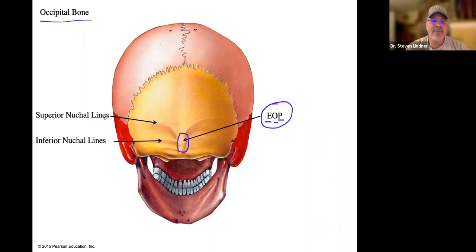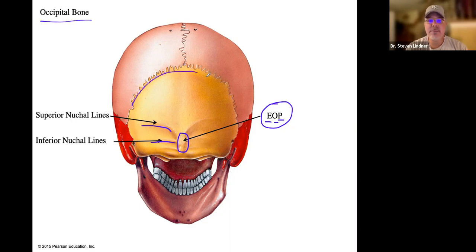Okay, and then we have these lines. Here's a superior nuchal line, and then here's an inferior nuchal line. These superior and inferior nuchal lines, as well as the EOP, are attachment sites, especially for muscles like the trapezius, which has attachments to these landmarks.